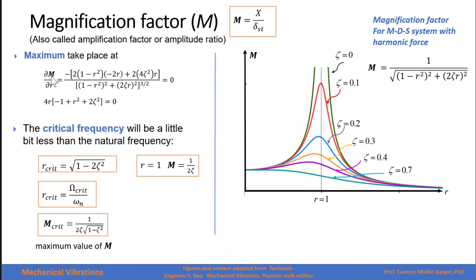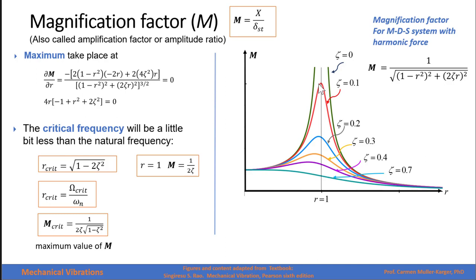So the maximum takes place where the derivative of that expression with respect to R is zero, and if we differentiate this expression and solve for R, we find that the R critical, or the R where we have the maximum magnification factor, is the square root of 1 minus 2 zeta squared. So this is what we call the critical frequency of excitation.